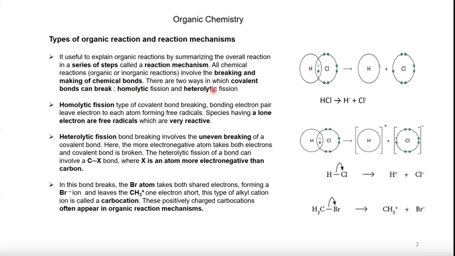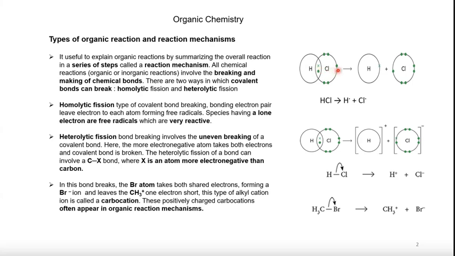Let us talk about homolytic fission. Let's say this is not an organic compound, this is hydrochloric acid, and we know that in hydrochloric acid, hydrogen and chlorine have a covalent bond. This bond forms, as we talked earlier, when one electron of hydrogen and one electron of chlorine are shared together, and we call it a covalent bond.